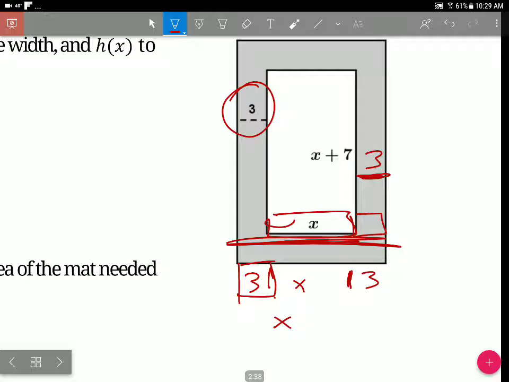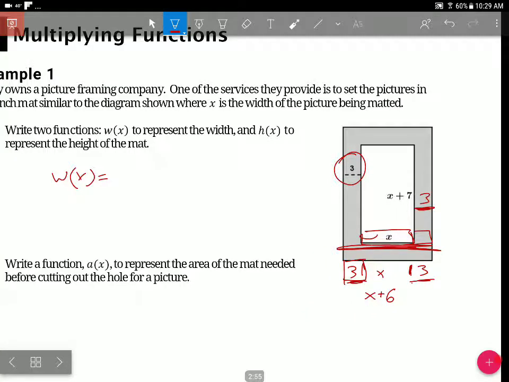So it would be x plus what? Well, it's 3 on the right and 3 on the left. So it's 6. The width is x plus 6. It's that middle plus 3 on either side. So the width equals x plus 6. Cool?